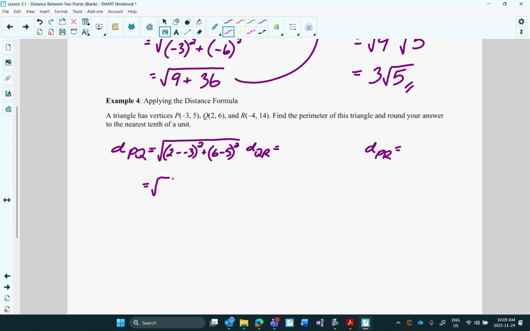So what is 2 subtract -3? 5 squared plus 1 squared. We could probably do this all in one shot. 5 squared and 1 squared, 26. That's not a perfect square, but remember, round it to the nearest 1 decimal place. 5.1. So it's approximately 5.1.